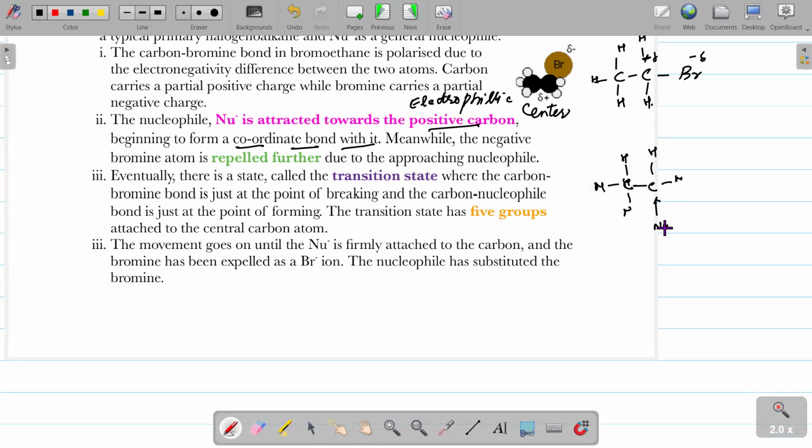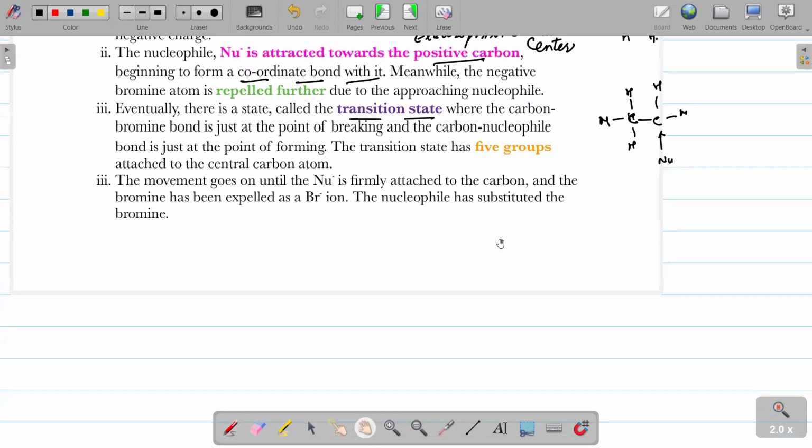The pair of electrons is given by the nucleophile. Why? Because this pair shifts to the leaving group, which is bromide. So during this transition state, for which I used the word intermediate in my explanation, and then after that, we will get the final product.